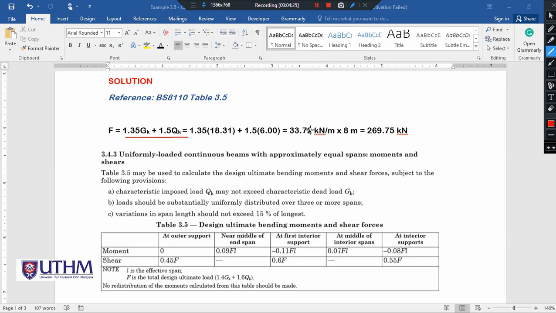And to convert this unit to the kilonewton, this value is multiplied with the length of the span of the beam, which is 8 meter, and the answer is 269.75.